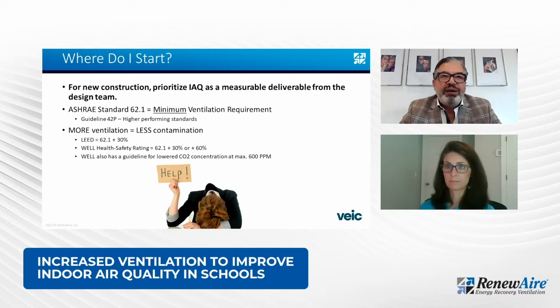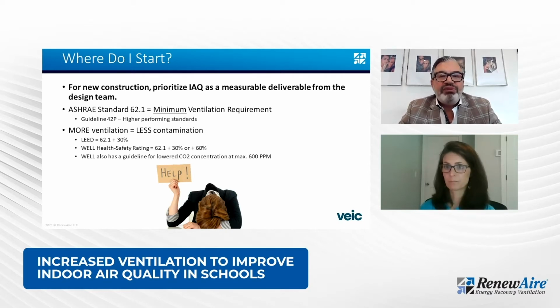At 600 ppm, you're pretty much approaching the global steady state concentration, which is hovering at around 432 ppm outdoors. Now, why is that critical? Because we know that as we increase the number of people in a certain space, we increase carbon dioxide.